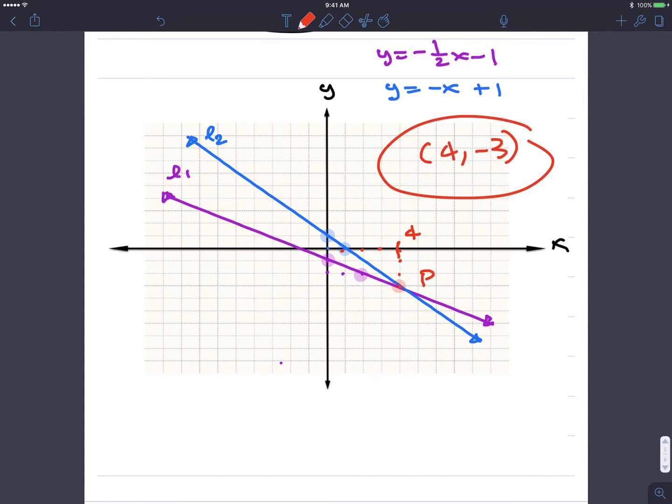This is my intersection point. And if you like, you could go back and plug in these values and verify that if x is 4, y should be negative 3. You can verify these values, but the point of intersection is at 4, negative 3.